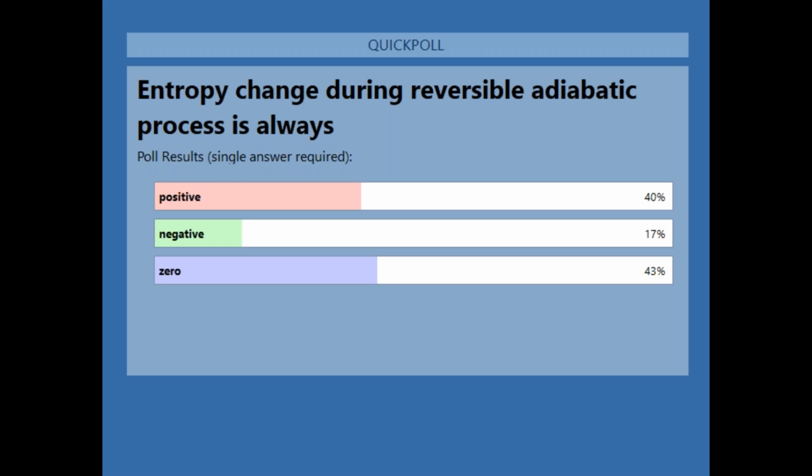So the correct answer to this question is that when the process is reversible as well as adiabatic, there is no chance of change of entropy. The entropy would remain constant, and such a process is called an isentropic process.